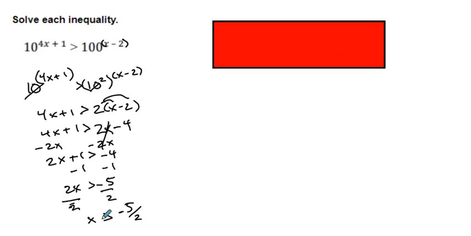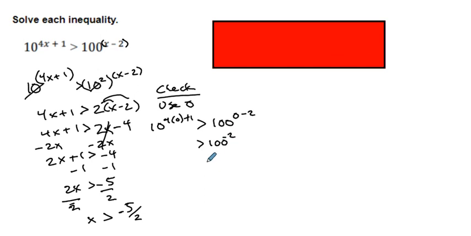And so my check step, if x has to be greater than negative 2.5, let's use 0, right? We like 0. So I am going to use 0 to check. So we got 10 to the 4 times 0 plus 1 is greater than 100 to the 0 minus 2. Well, 100 to the 0 minus 2 is going to give me 100 to the negative 2 power, which is the same as 1 over 100 squared, and 100 squared is 10,000.